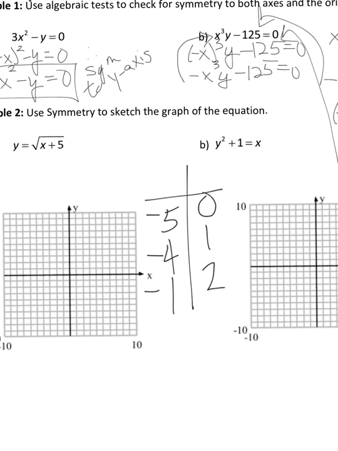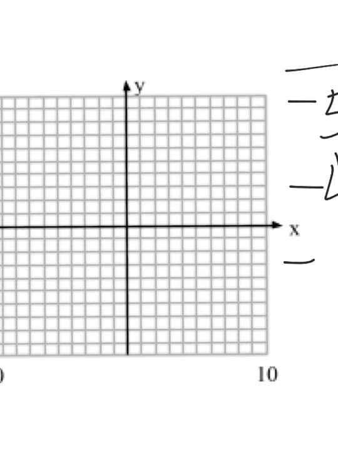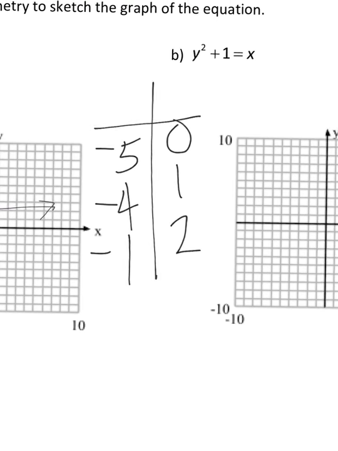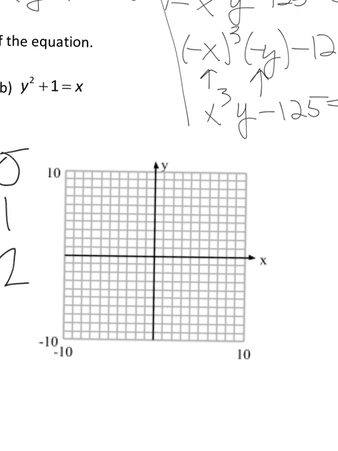Now if I go ahead and graph that, let's see, I zoom in here. -5, 0, 1, 2, 3, 4, 5, -4, 1, and -1, 2. If we look here, that's our entire graph. There is no symmetry there. So it's not symmetrical to the y-axis, x-axis, or the origin.